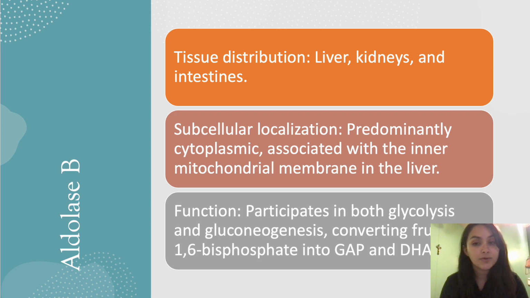It plays a critical role in both glycolysis and gluconeogenesis, processes responsible for maintaining blood glucose levels, as we have talked about in previous slides. Aldolase B ensures the breakdown of glucose in glycolysis and also participates in the synthesis of glucose from non-carbohydrate precursors in gluconeogenesis. Its unique expression pattern and subcellular localization contribute to its function in hepatic carbohydrate metabolism.